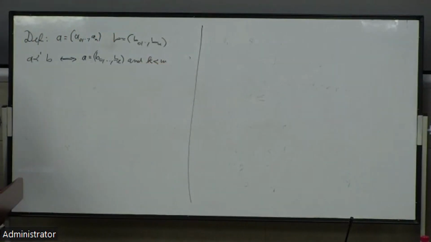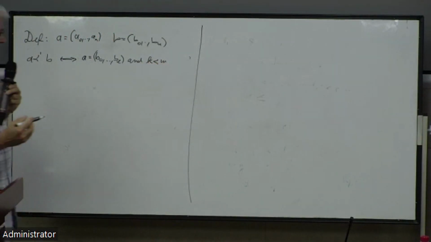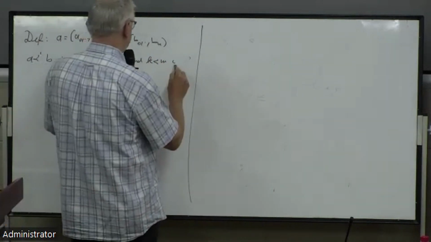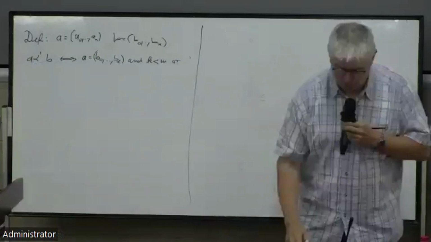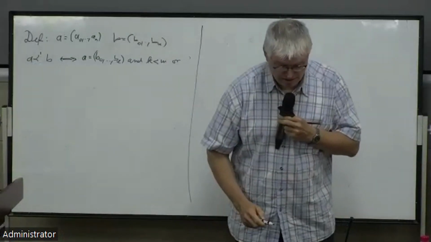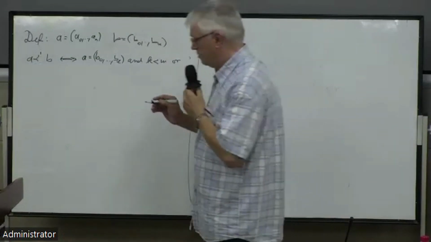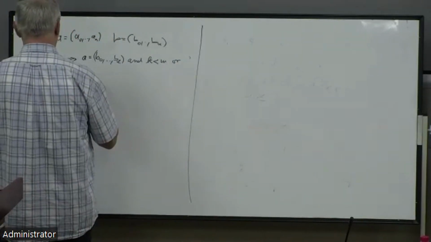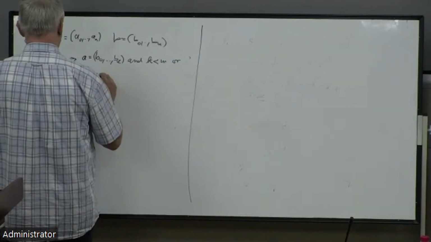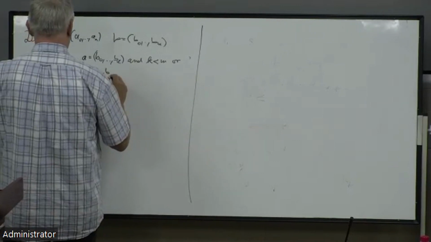In this case, A is smaller than B. Or we have that the sequences are compared lexicographically. So A starts with B0 to Bk minus 1.